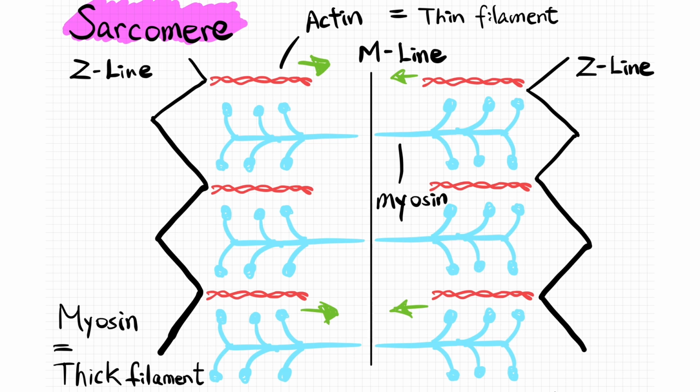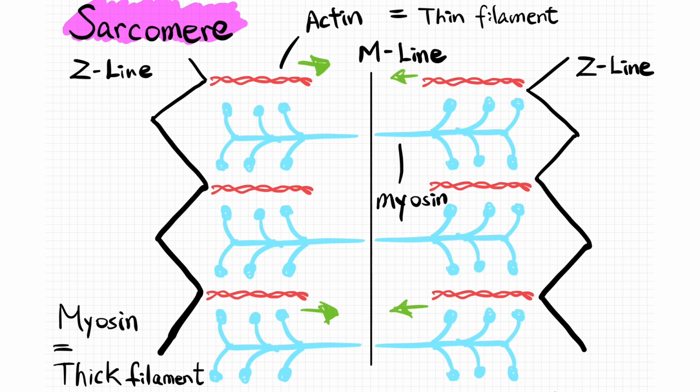Actin is a protein that forms thin filaments within the sarcomere. These filaments are anchored at the Z-line and extend toward the center of the sarcomere. Actin filaments are essential for muscle contraction as they interact with myosin filaments to generate force.